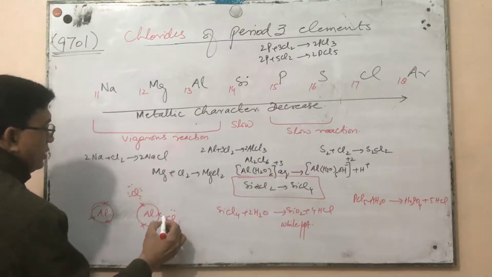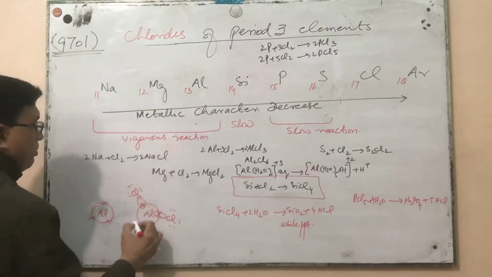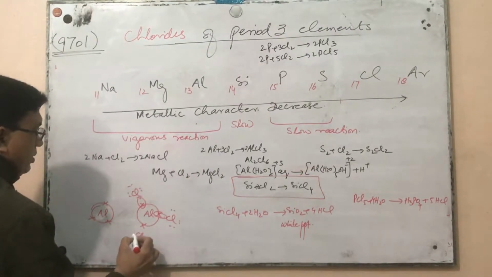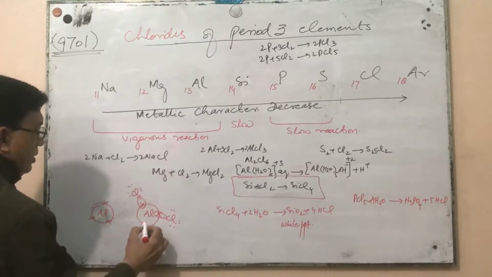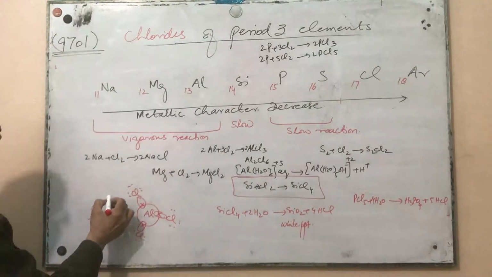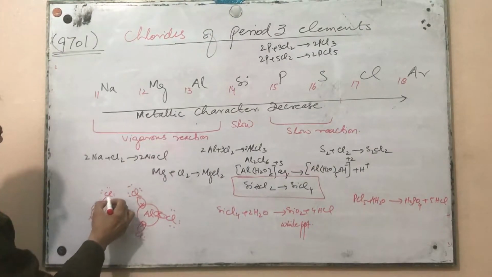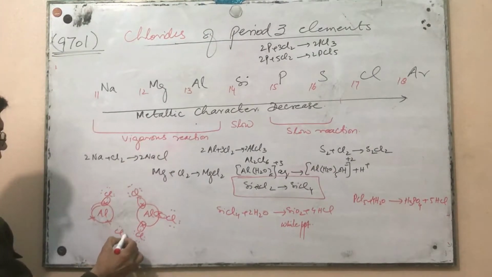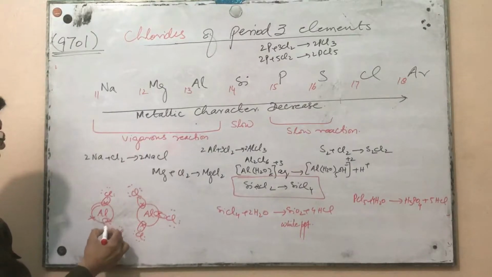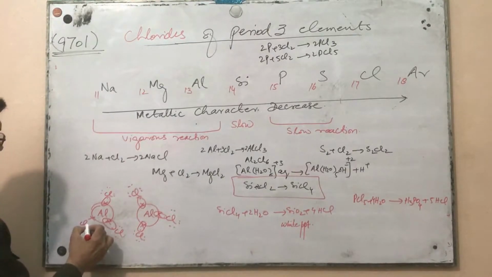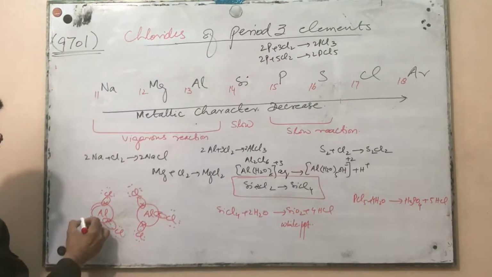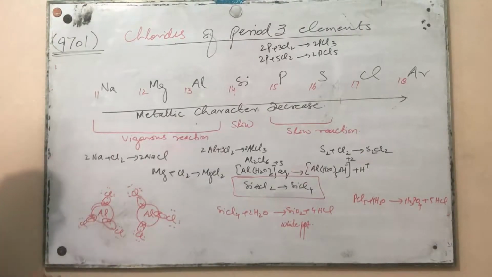These form covalent bonds with aluminium, and similarly the other chlorine atoms also form covalent bonds with the aluminium atom. Now all these are satisfied, making covalent bonds.